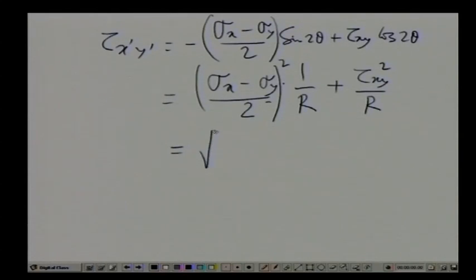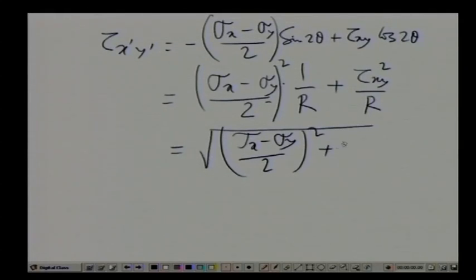So, this is equal to root of sigma x minus sigma y by 2 square plus tau x y square.